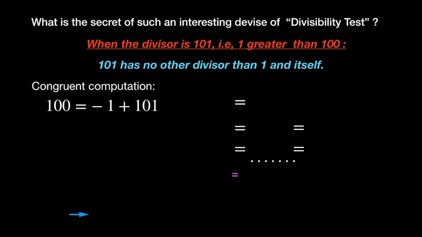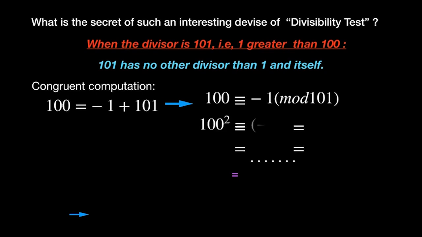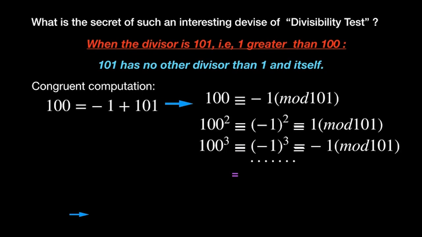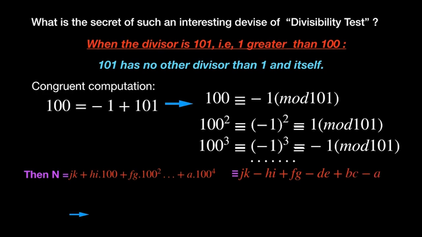That is why in congruent arithmetic we write 100 congruent minus 1 modulo 101, and then 100 square congruent minus 1 square, that is 1, and 100 cube congruent minus 1 whole cube, that is minus 1. So even powers will give positive 1 and odd powers will give minus 1 as the remainder when divided by 101.